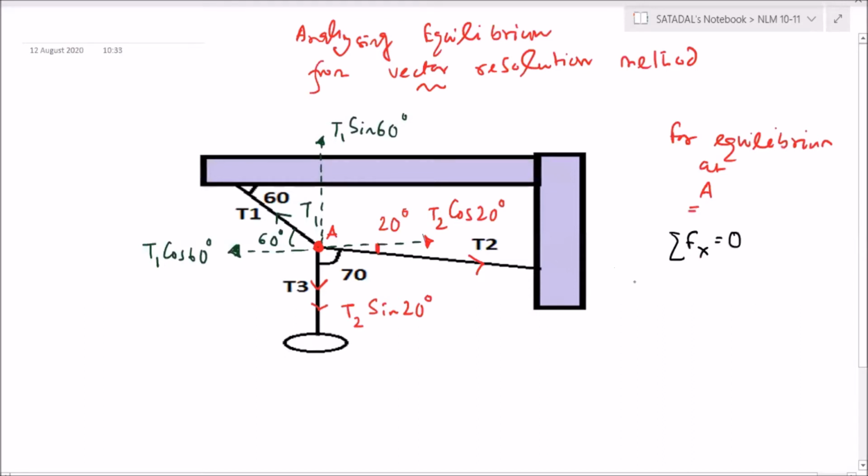If summation of Fx is equal to 0, then what can I write from here? We can write T1 cos 60 degree is equal to T2 cos 20 degree. Is that equation fine for all of you?